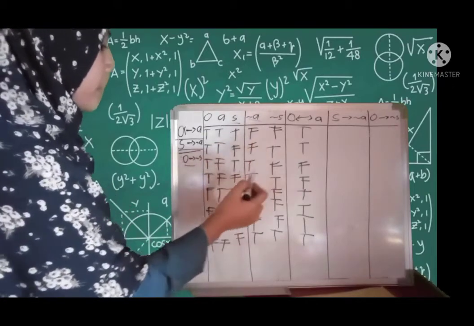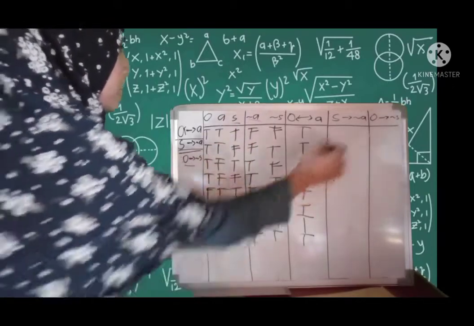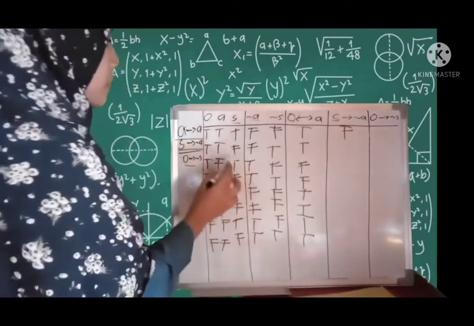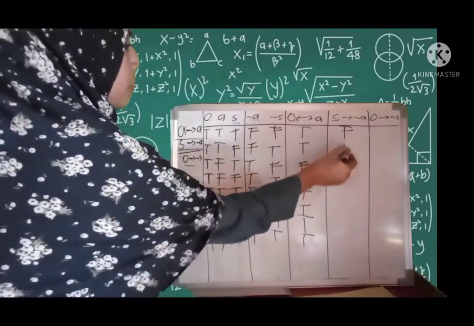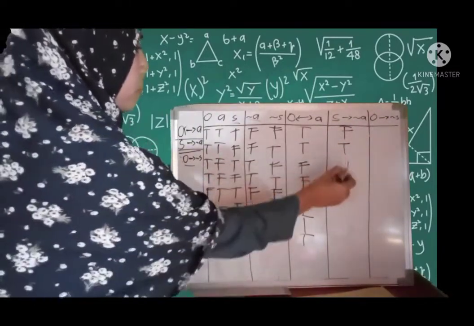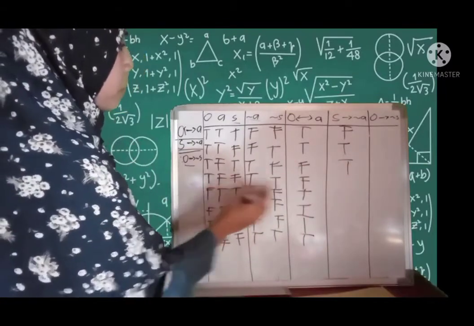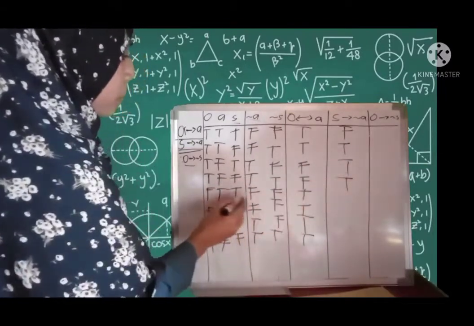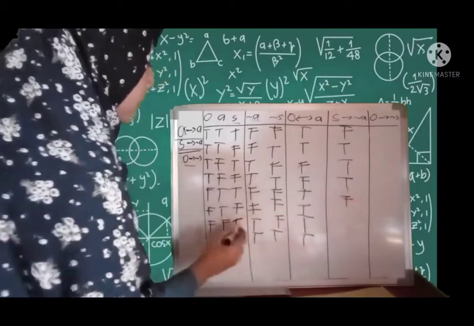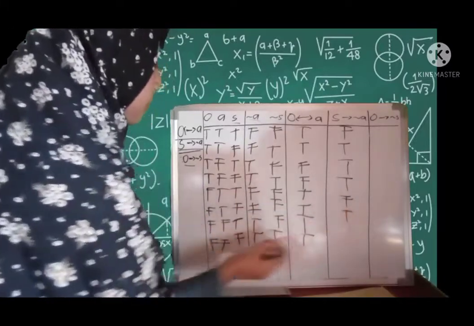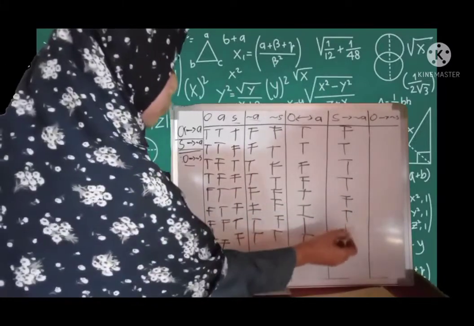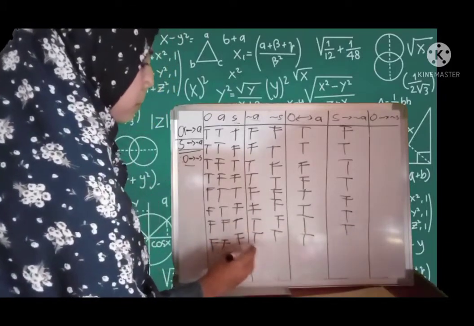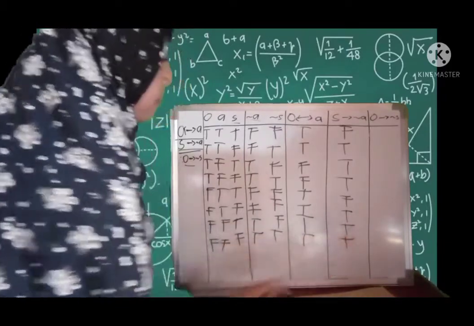So, true and false, ang equivalent niyan is false. False and false, true. True and true, true. False and true, true. True and false, false. False and false, true. True and true, true. And false and true ay true.